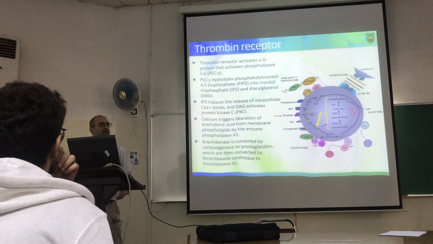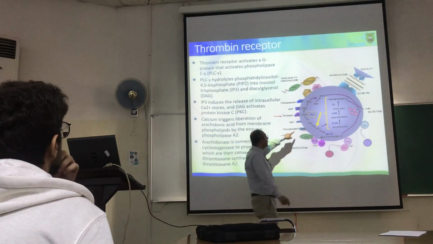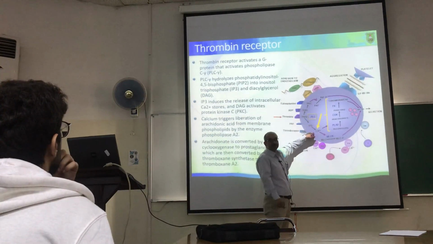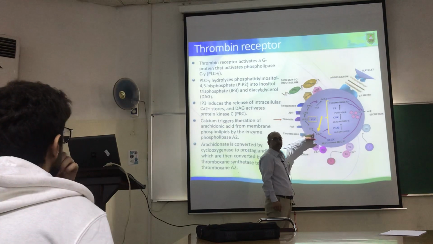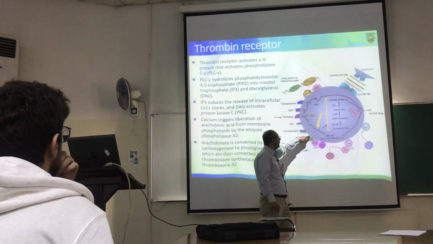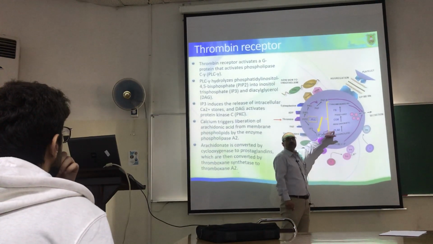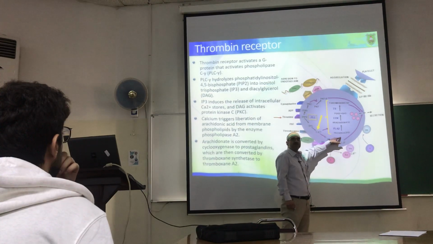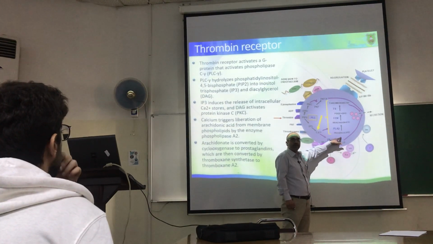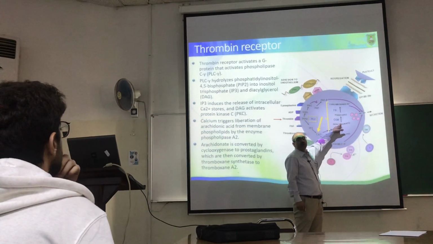These are signaling molecules. IP3 results in release of calcium inside platelets. Calcium has a lot of effects, including that it activates phospholipase A2. Phospholipase A2 acts on phospholipids in the plasma membrane, resulting in the removal of arachidonate.